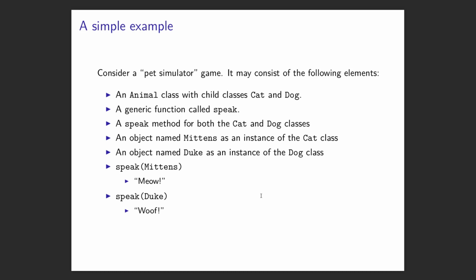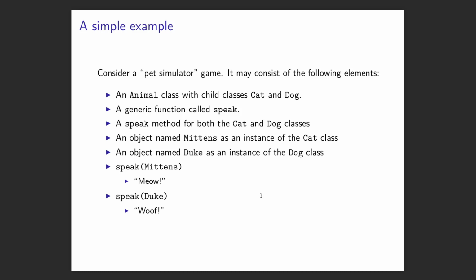If you're programming this pet simulator game, it might contain the following elements. You might have a generic animal class that has subclasses cat and dog, because both cats and dogs are animals, so you want them to inherit the general behavior from generic animals.